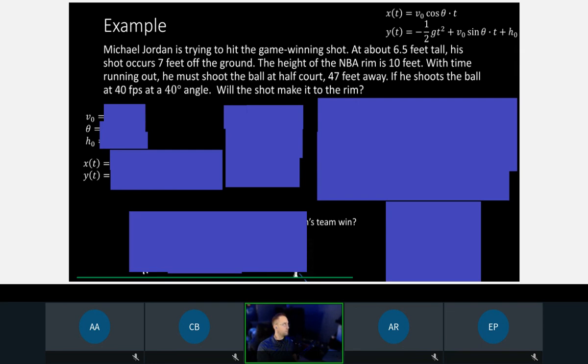All right. So let me just quickly, for time's sake, write down what we know. We know the initial velocity is 40 feet per second. We know the angle is 40 degrees. We know the initial height of the ball is 7 feet.